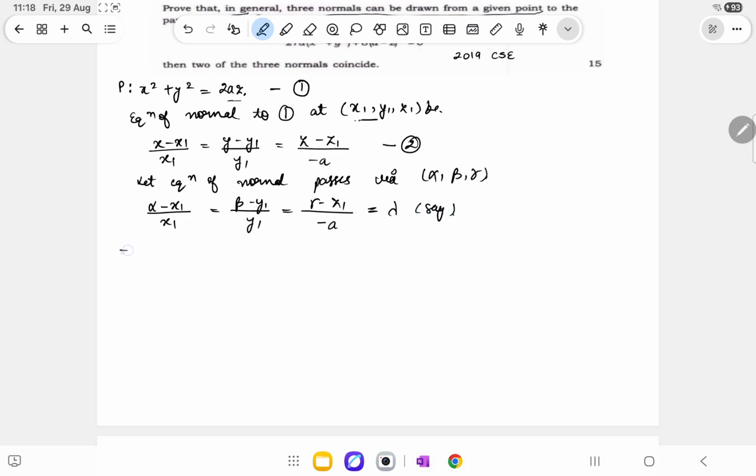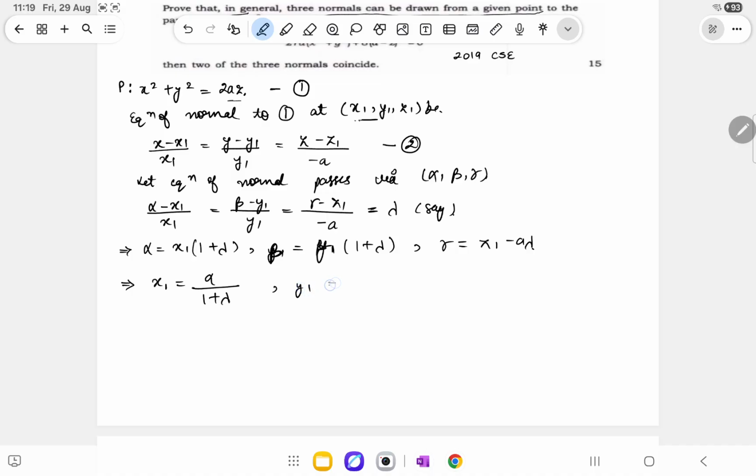If I equate it with lambda, I'll get alpha as x1 into (1 plus lambda), beta as y1 into (1 plus lambda), and gamma as z1 minus a lambda. So from here I can find my arbitrary point (x1, y1, z1) via which the normal passes. My x1 will be alpha upon (1 plus lambda), y1 will be beta upon (1 plus lambda), and z1 is gamma plus a lambda.